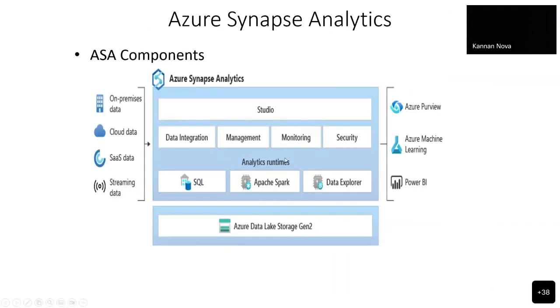This is the Azure Synapse Analytics components. On the left side, we can have a variety of data: on-prem data, like enterprise data inside the company network, not in the cloud, or cloud data, or any applications, like data from any website, SaaS-based data, and real-time IoT devices.